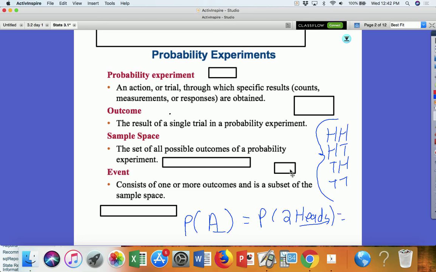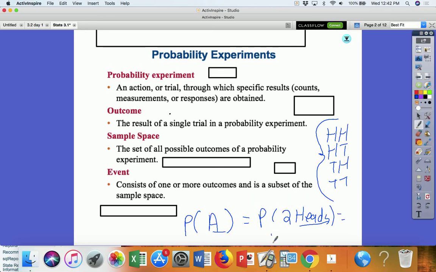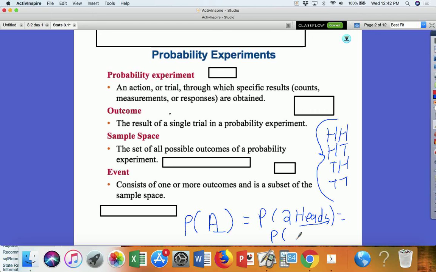So again, the event could be like, what's the probability of it coming up with one heads? Well, that's really more than one outcome, isn't it? Because that could be this outcome here, and that could be this outcome here, right?